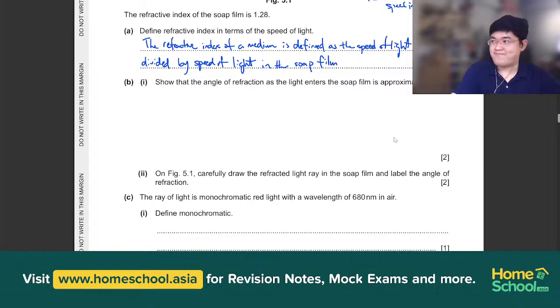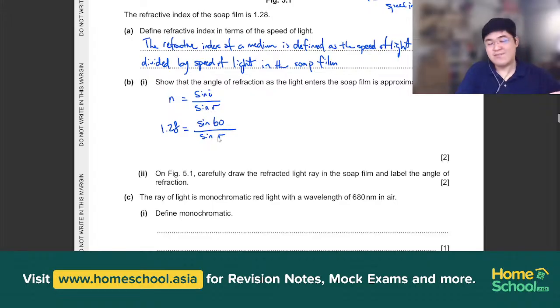So let's do this. n is equal to sine i divided by sine r, where i is the angle of incidence and r is the angle of refraction. We know that n is equal to 1.28. So 1.28 is equal to sine 60, our angle of incidence, divided by sine r, the angle of refraction.